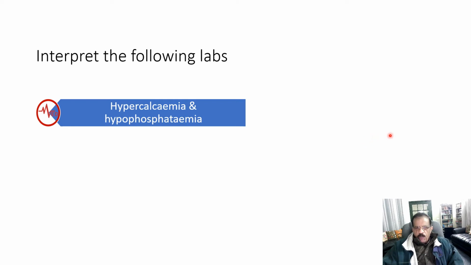So these reports are typically interpreted in combination. So if somebody has hypercalcemia and hypophosphatemia, which condition is this combination most consistent with?